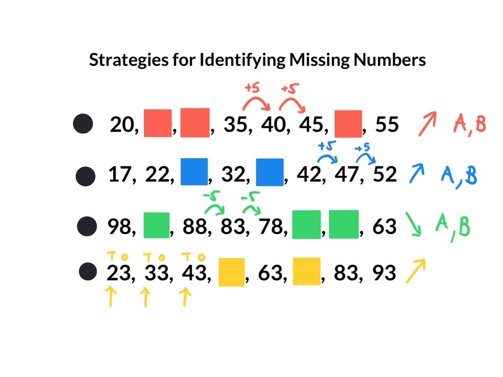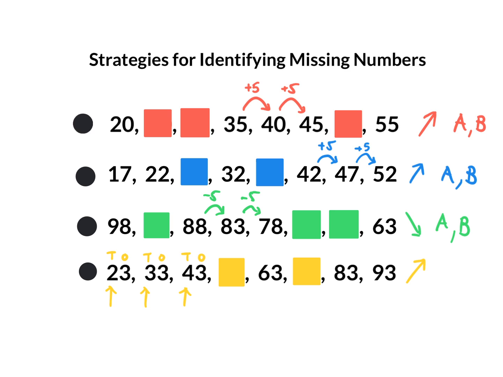So that is a recurring 10s pattern. What we're seeing is the change each time by 10. 23, 33, 43. I think the next number must be 53. 63, next missing number must be 73. 83, and then 93.